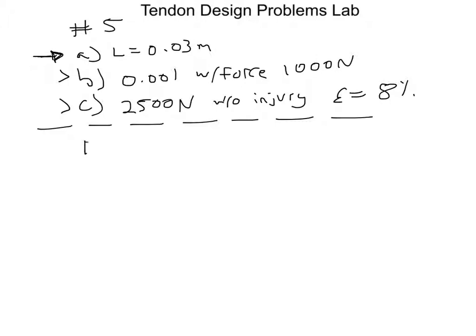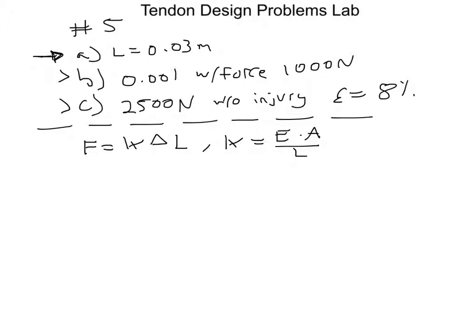So we're going to use our equation where the force applied to the tendon is going to equal the tendon stiffness times its change in length, where the tendon stiffness is equal to the modulus of elasticity times the area of the tendon divided by its starting length.